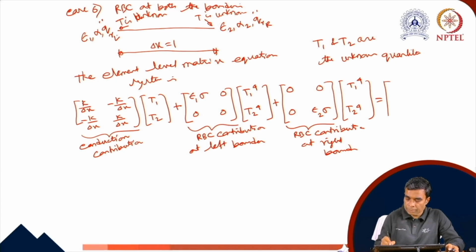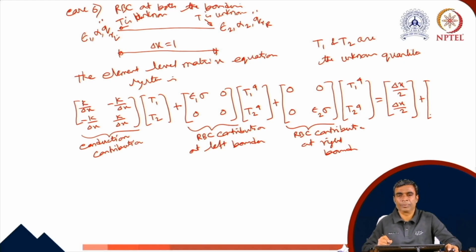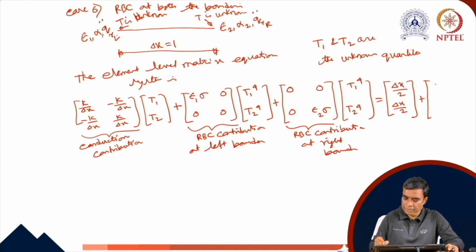Now we have the source term Δx/2, plus we have the contribution from the RBC at the left boundary, that will be α1 q_RL double dot, 0, and for the right boundary it will be 0, α2 q_R right double dot.